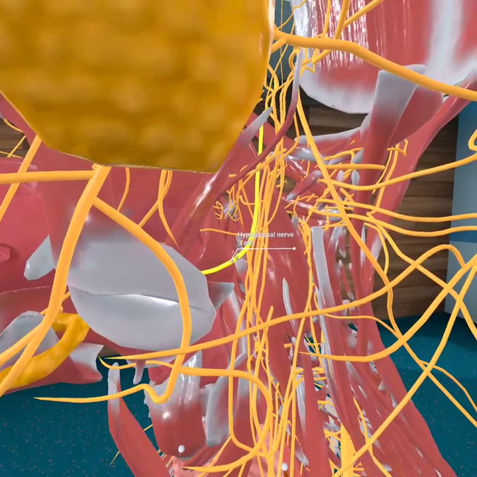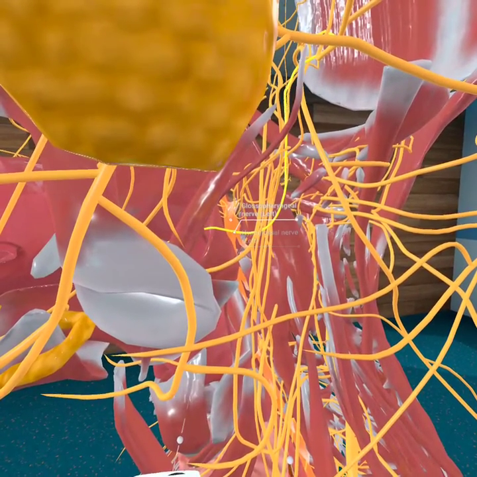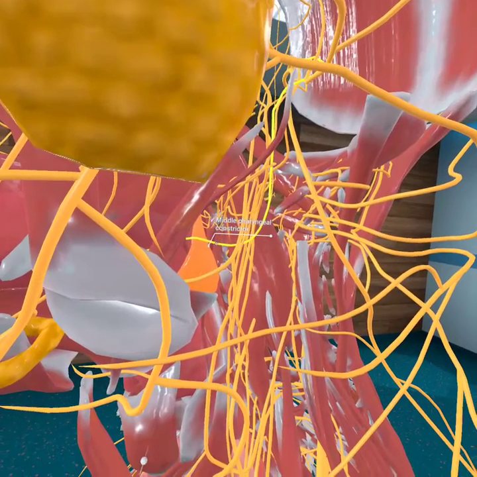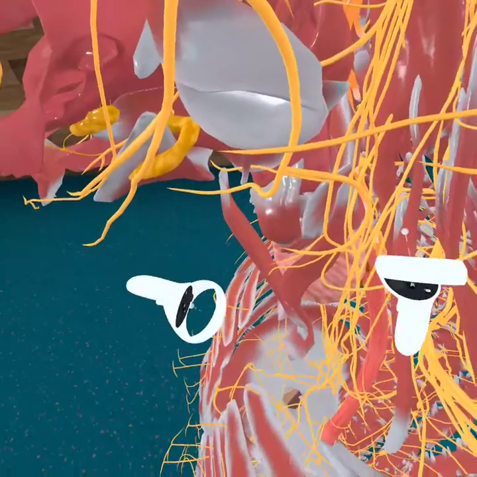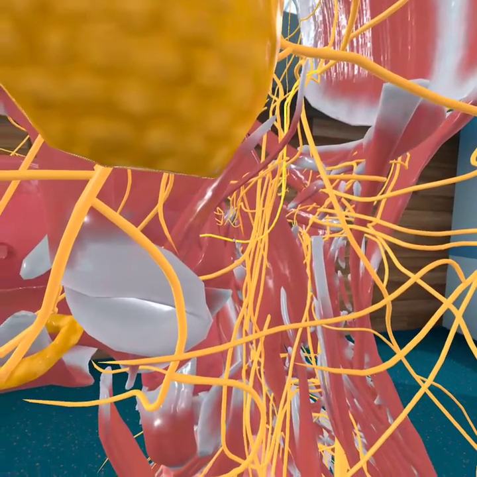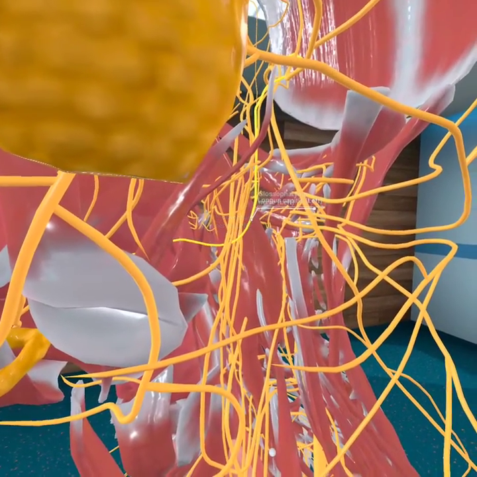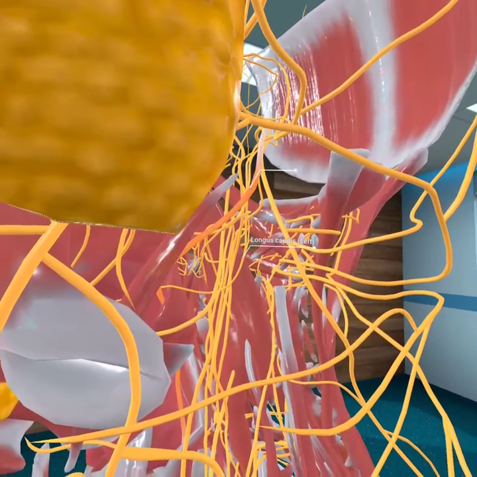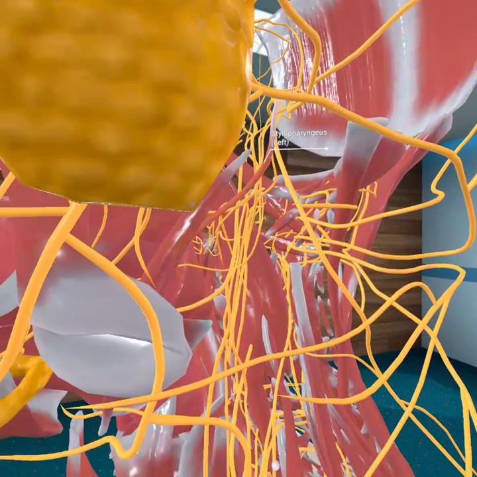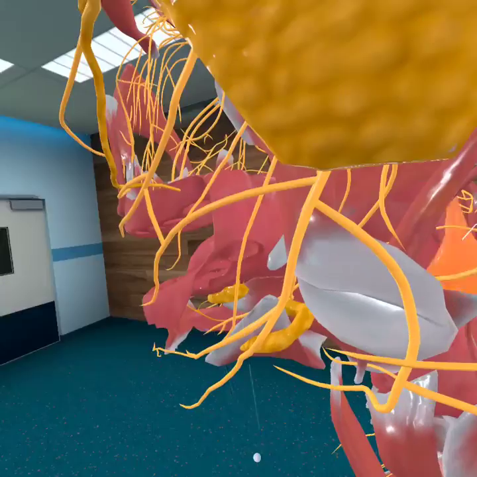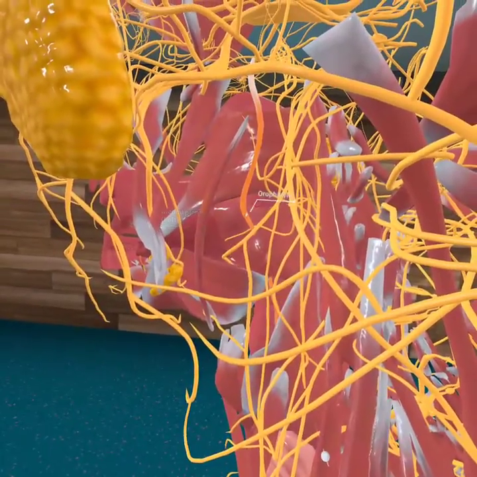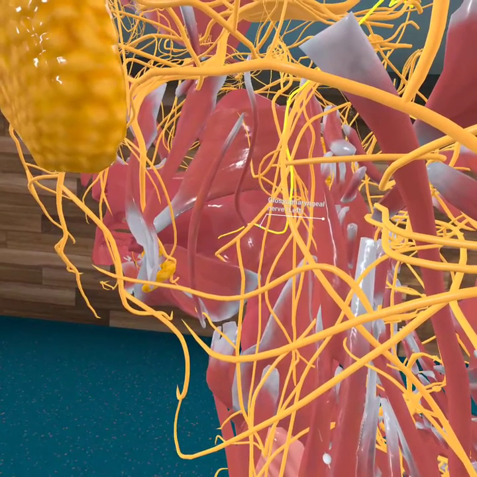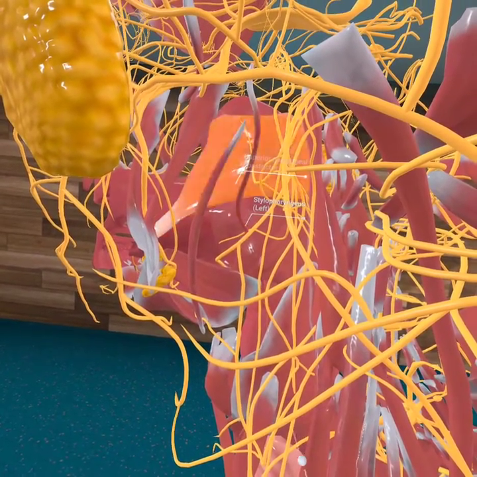And what do we have here? Hypoglossus. We have our glossopharyngeal. Our glossopharyngeal is the one that will innervate our stylopharyngeus, because it runs right next to it. It runs across it, and it will innervate it.